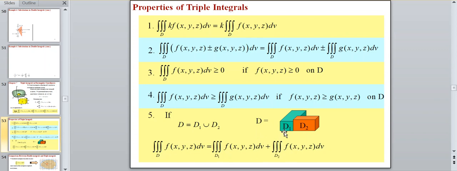But let me explain to you. This property is true for any region D of any shape. It means D doesn't have to be of rectangular shape. Let me show you. Yes, look here.